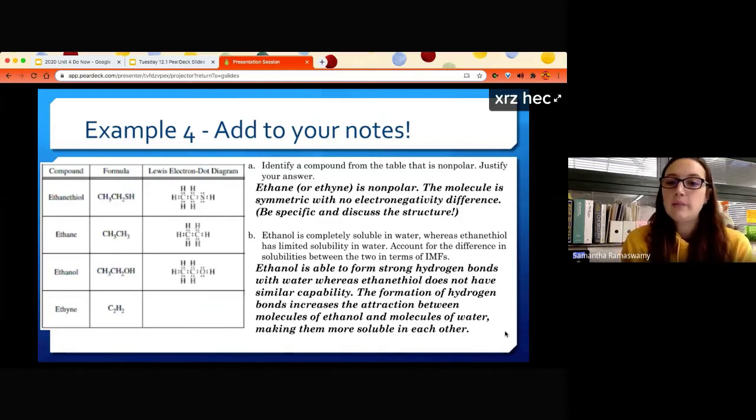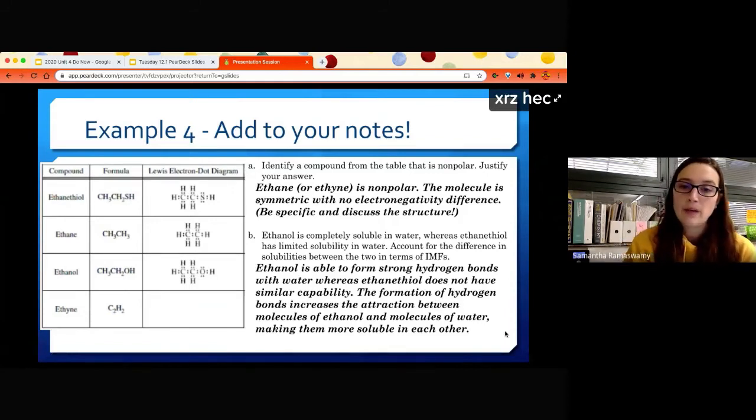And it needs to be because of symmetry or there being no dipoles, or no electronegativity difference. If you justified by saying it's all C's and H's, you need to make sure that you talk about symmetry or no dipole moment, or electrons are shared evenly, something like that. So for part A, make sure that you write something down about symmetry.